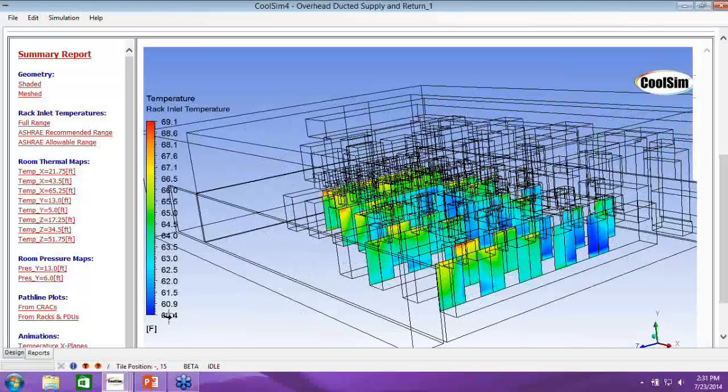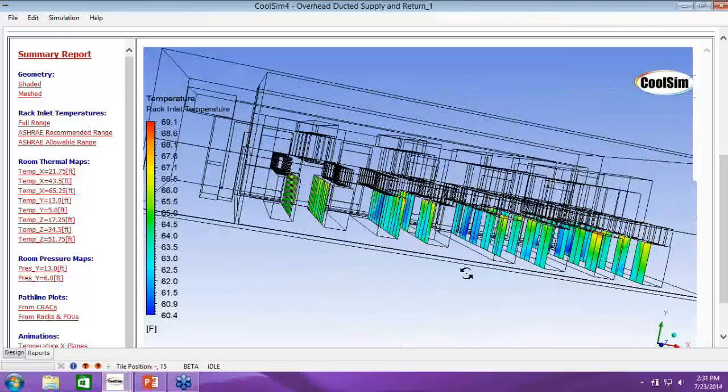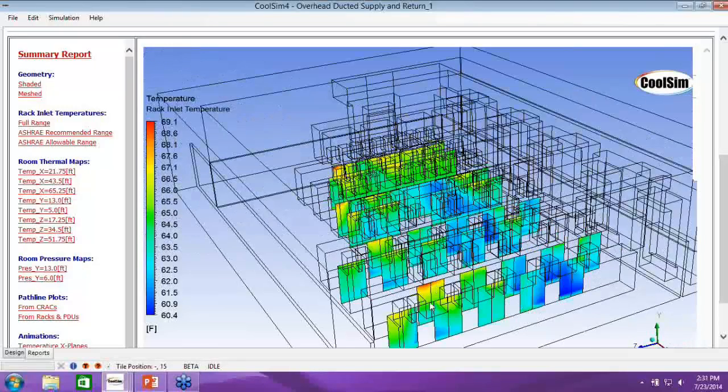So the minimum inlet temperature, these are rack inlets. I'm looking at color contours on the front of the racks because that's the most important. That's what we're interested in, the inlet temp. And we have 60 degrees is the coldest it sees, and 69 degrees is the hottest that it sees, and we simply take color and we spread it out across it.